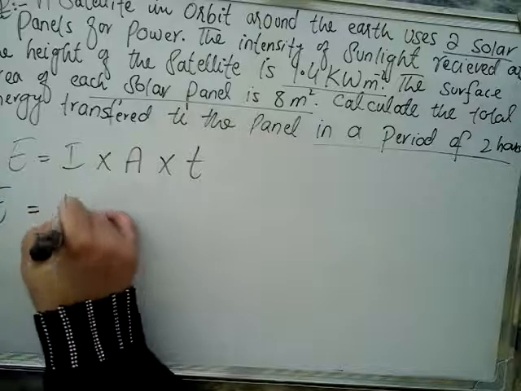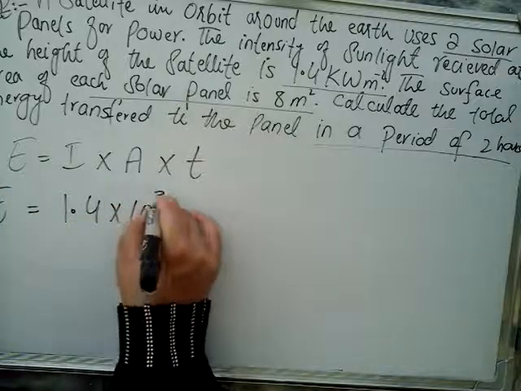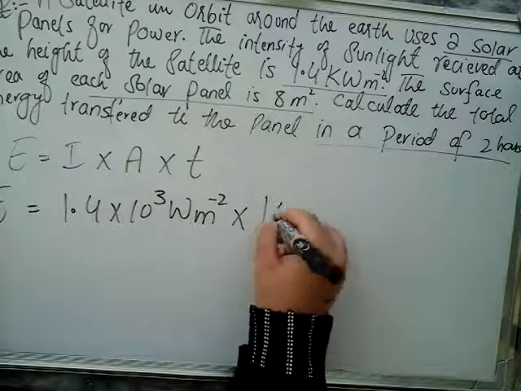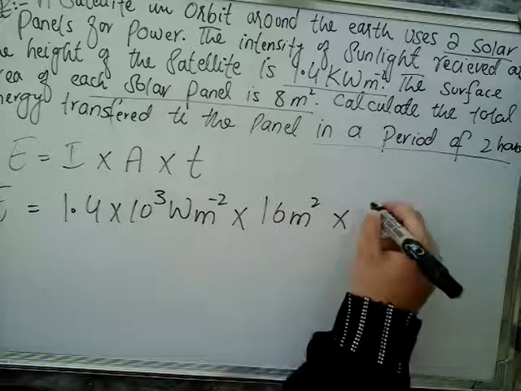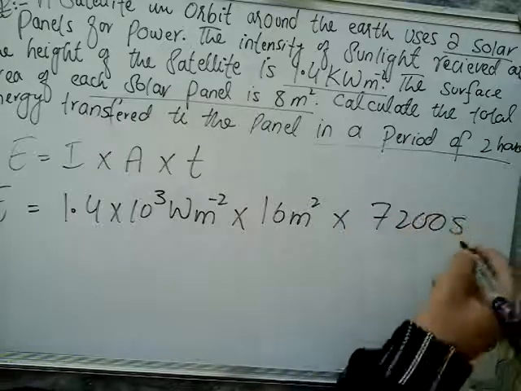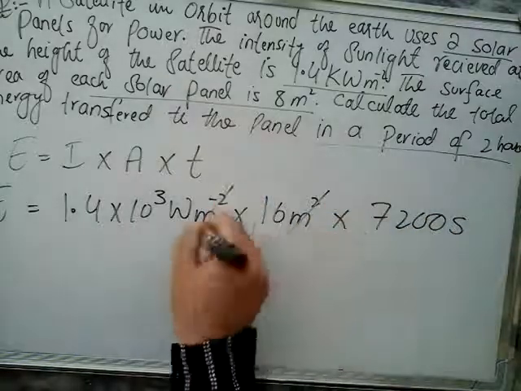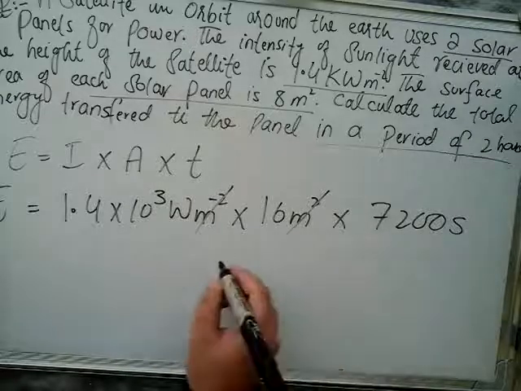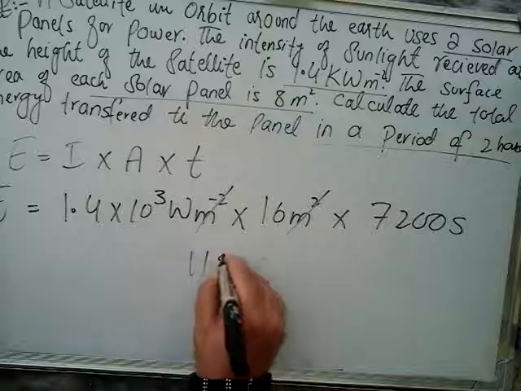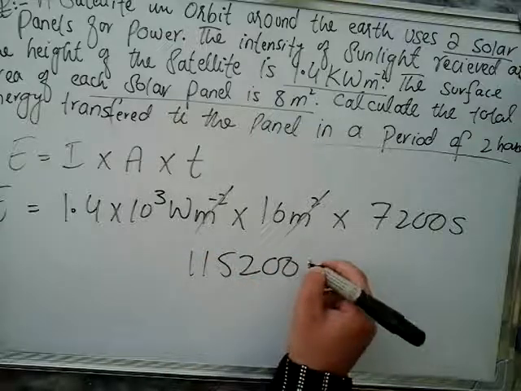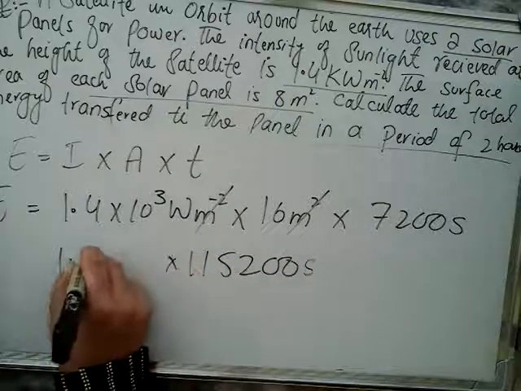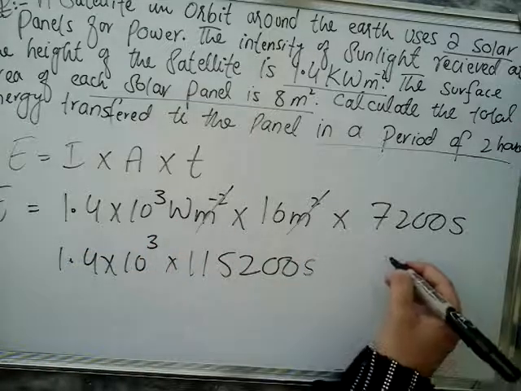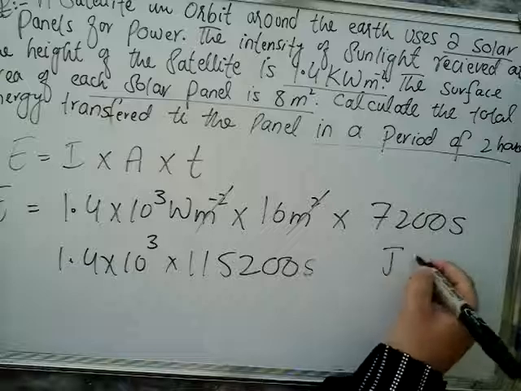Energy is equal to 1.4 into 10 raised to power 3 watt per meter square, multiplied by area 16 meter square, multiplied by time 7200 seconds. Meter square will cancel with meter square. We know that watt, which is power, is equal to joule per second.